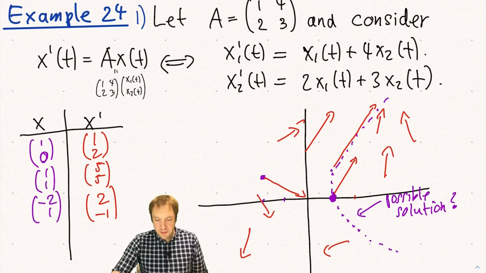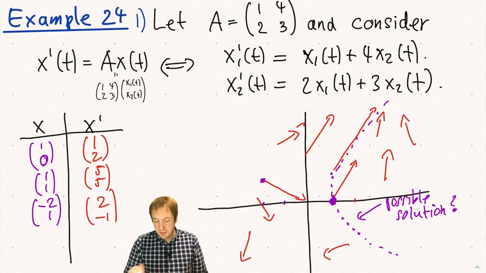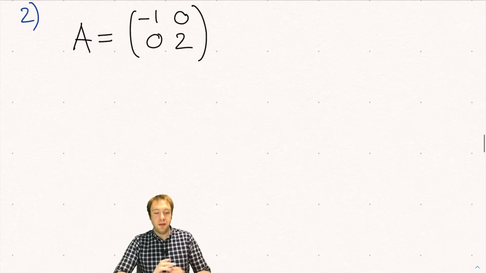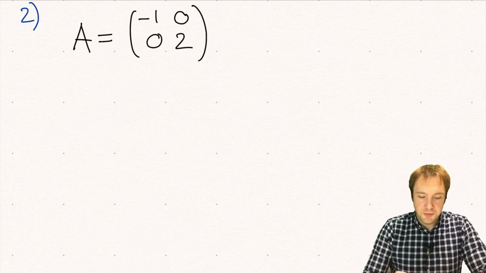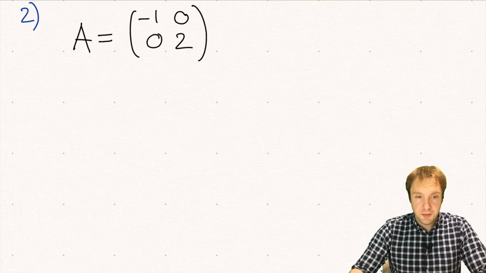Okay, but now before we solve this problem here, let's try to solve an easier problem. So maybe let's first try to solve the continuous dynamical system which comes from this matrix here.